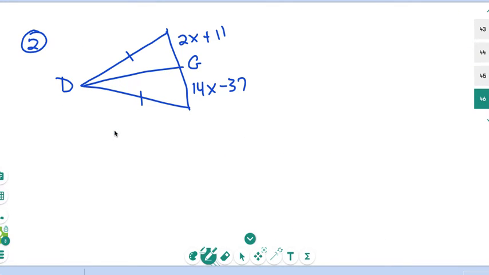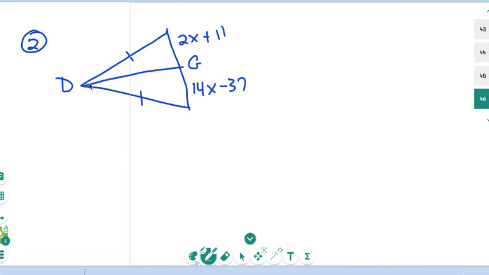All right, so here we have a triangle, and we're shown that the two sides are congruent. That means that D is equal distance from the two endpoints. If D is the equal distance from the two endpoints, then it must lie on the perpendicular bisector.